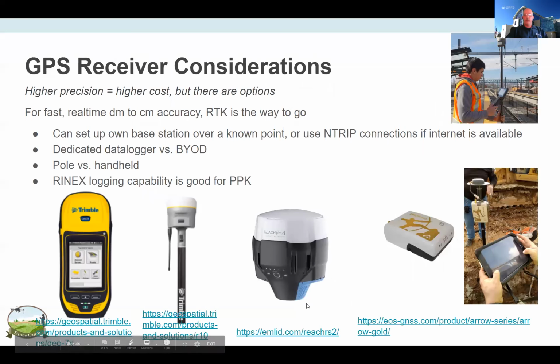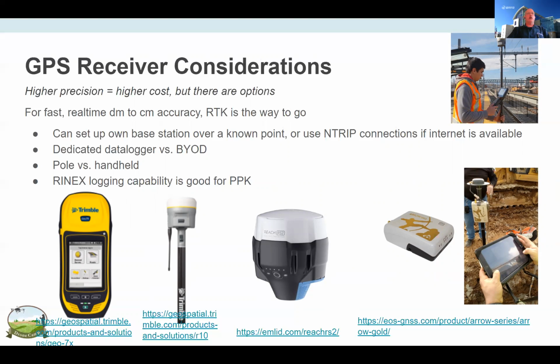The higher precision GPS are obviously going to cost more. If we want fast, highly accurate data, RTK is going to be the solution we need if we need it in real time.